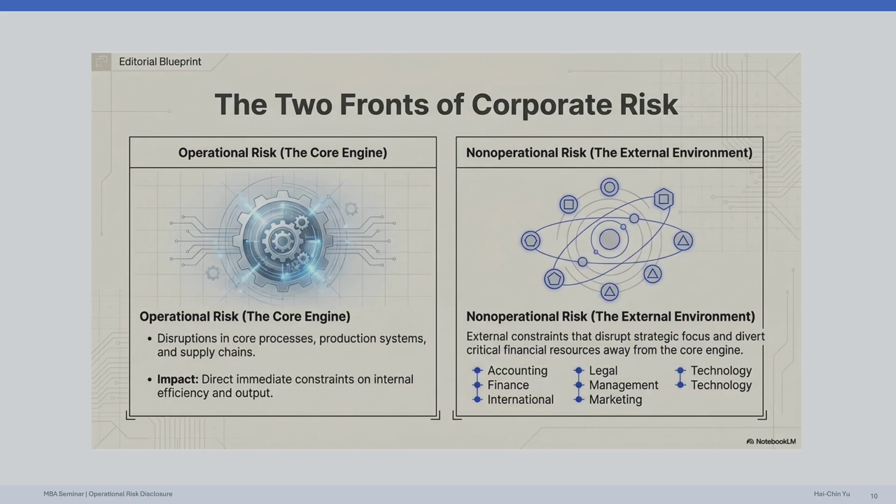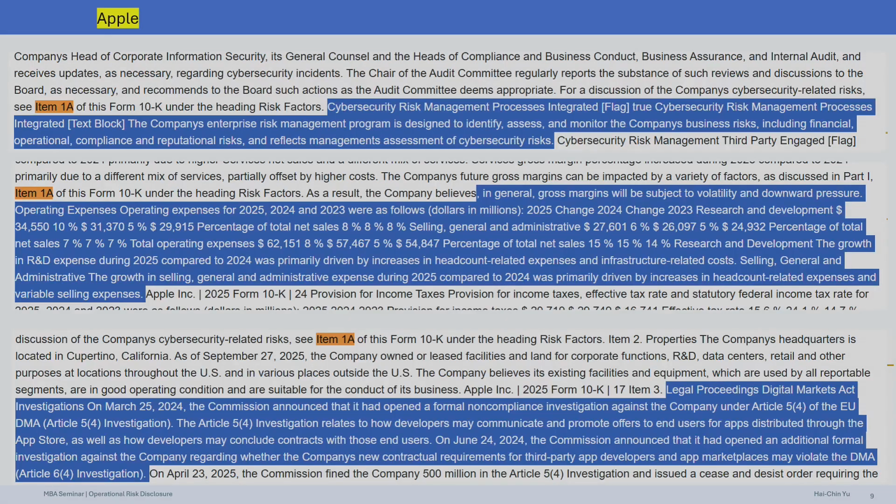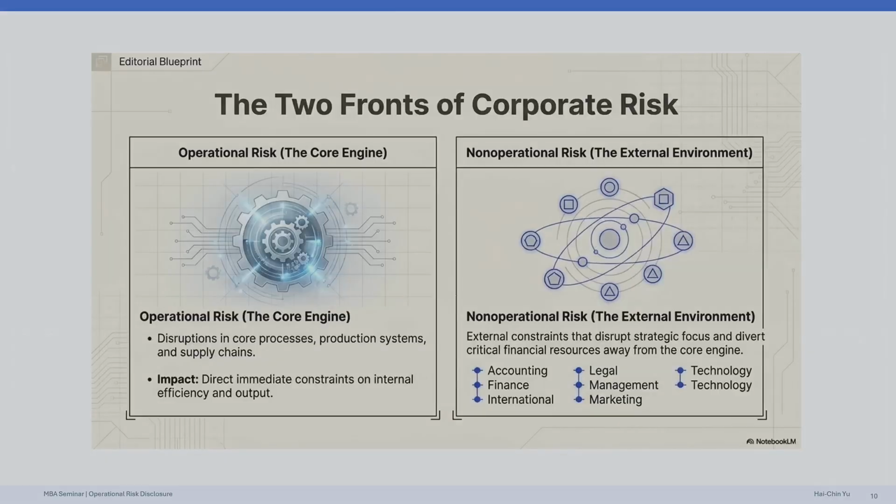Just as I say, this is legal, this is operational, this is technology and so on. So it categorizes the reports into different risks. One firm may have 7, one firm may have 0, depending on whether your Item 1A shows those sentences or terms.